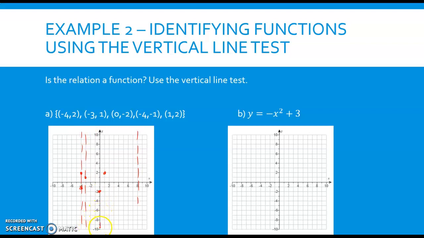And if any of them do, technically we would be checking every single x value, if any of these vertical lines cross 2 or more points, it is no longer a function.